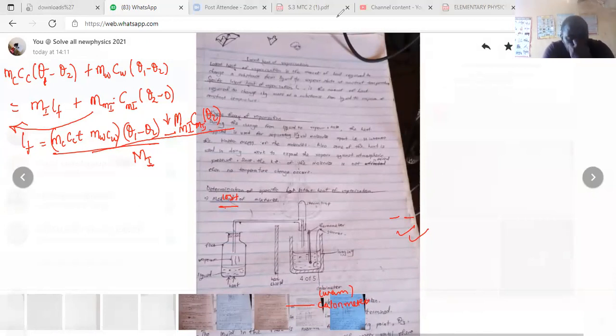Mass of ice times latent heat of fusion. Isn't it supposed to be that only? Why are you adding the other one? Why am I adding this one? Yes, because as we start, look at where we said when you start. Let me go back.